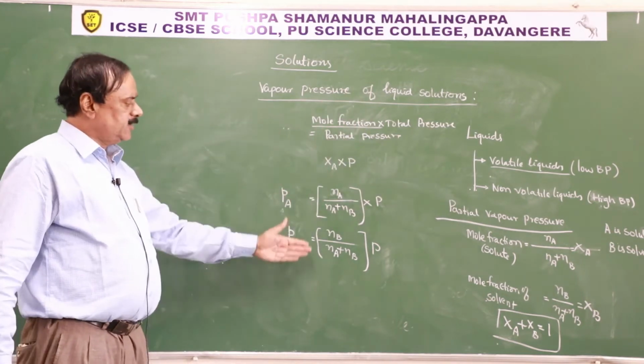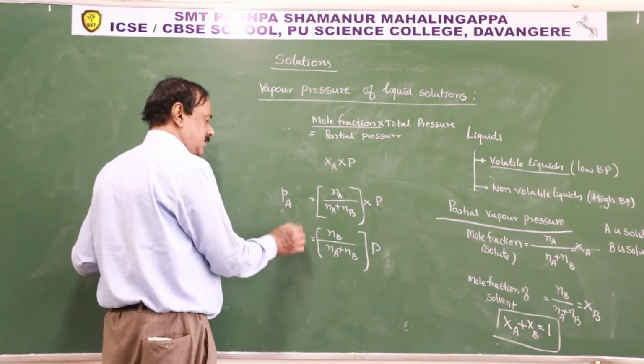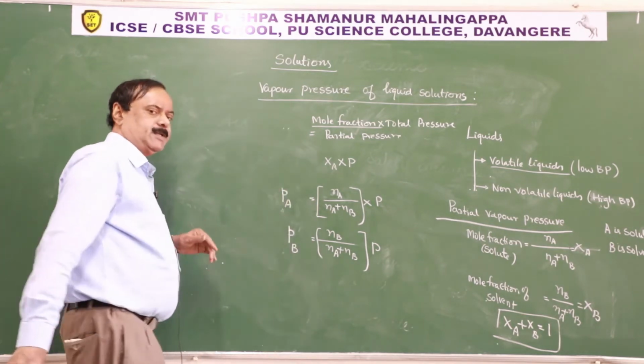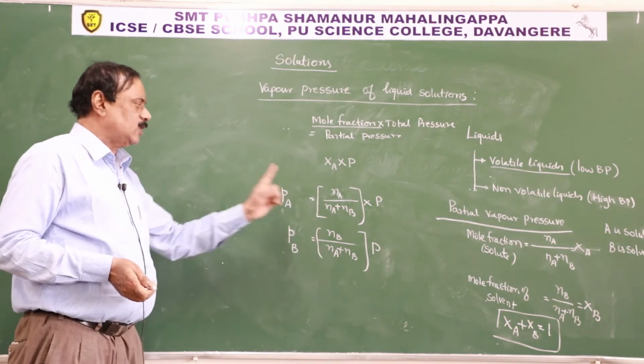You already studied the mole fraction in our previous class. This is very important in order to discuss vapor pressure, and in future Raoult's law. These are very important concepts.